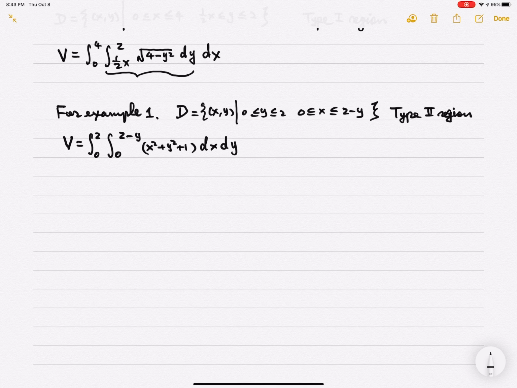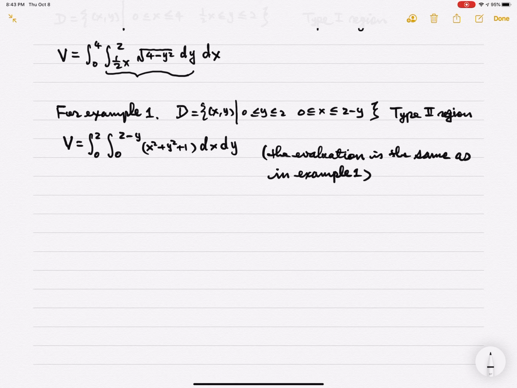The evaluation is the same as in example 1. Why don't you try to complete that?